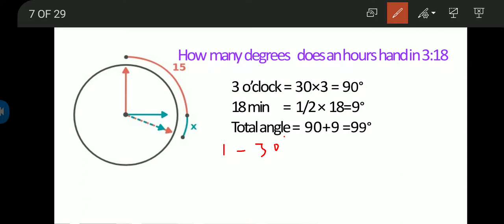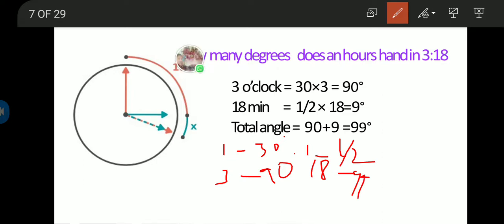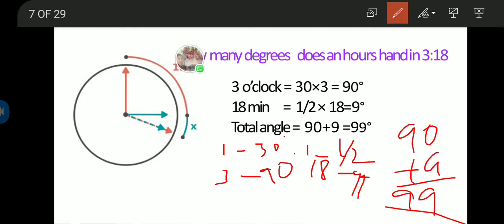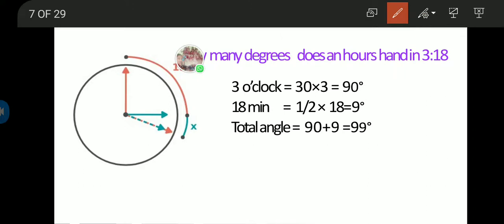For 1 minute half a degree, for 18 minutes 9 degrees. So 90 plus 9, what do you get? 99 degrees. That's all. So your answer is a total angle of 99 degrees.